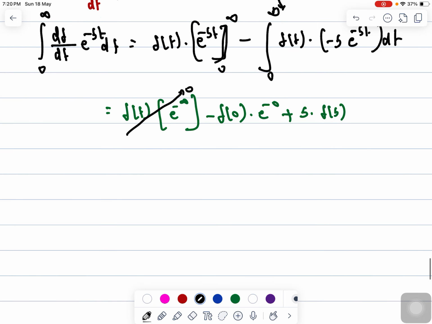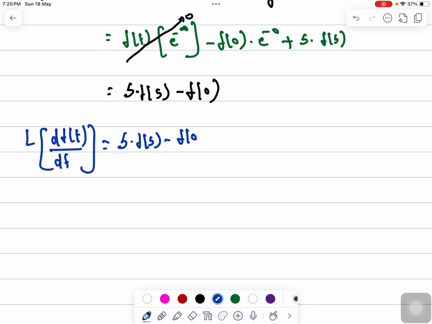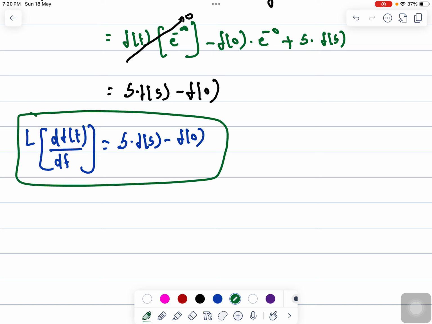So finally you will be left with s into F(s) minus f(0). So finally what we are getting: the Laplace transform of d f(t) by dt, this differential, is equal to s into F(s) minus f(0). Is that clear?